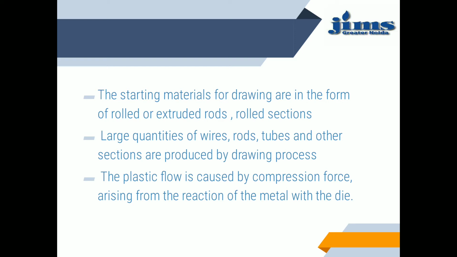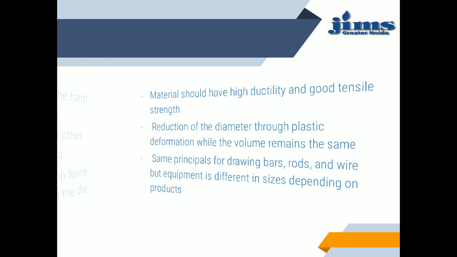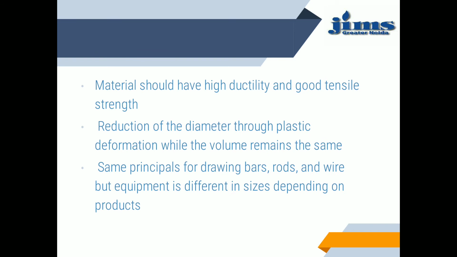The plastic flow is caused by the compression force arising from the reaction of the metal with the die. Moving to the next point, properties: how much the properties get affected by this drawing operation, how much it affects the material.